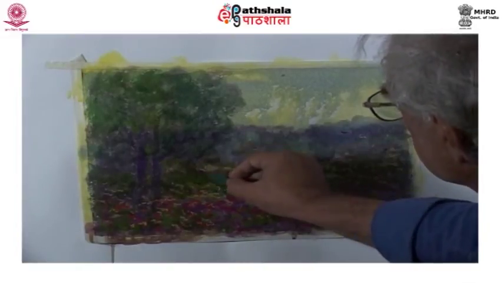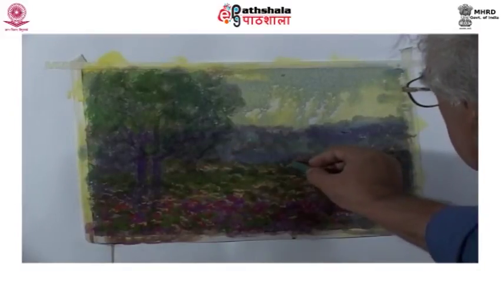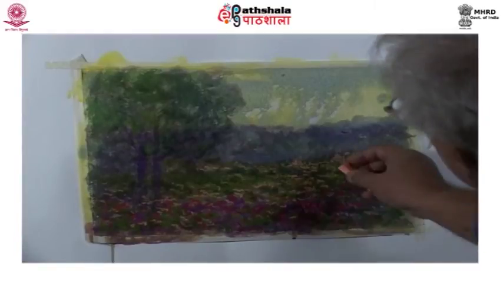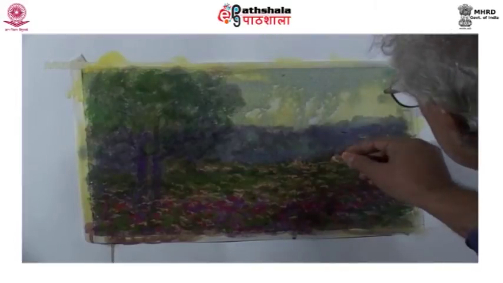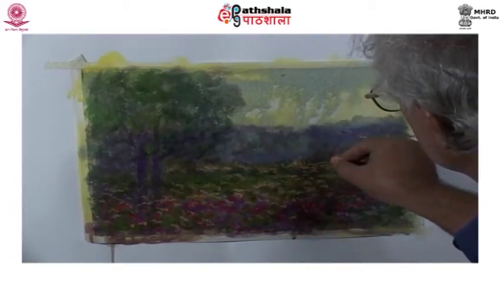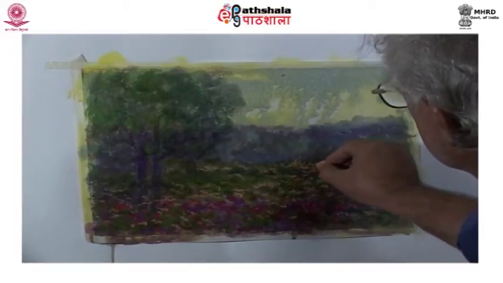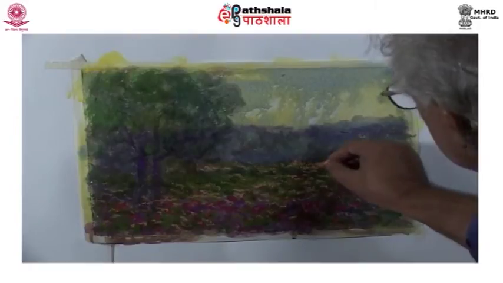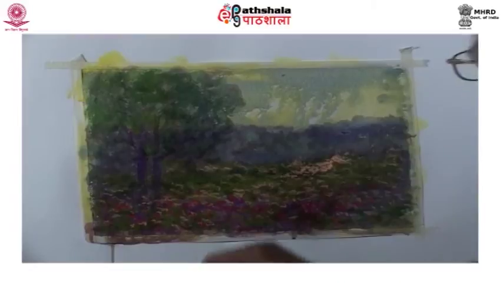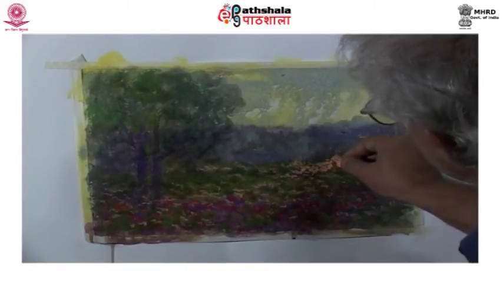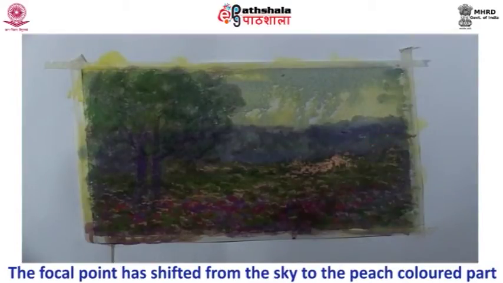Subduing the bold patches of skin color with green color has turned them into bushes. Again, the application of peach color in a wide spread has added a new thing for the eye to focus on. The focal point has shifted from the sky to the peach colored part.